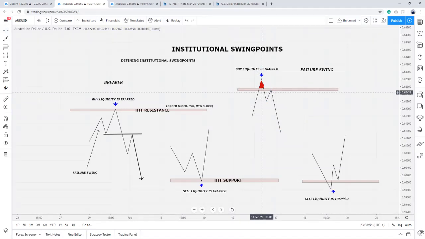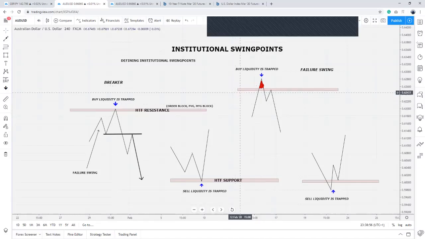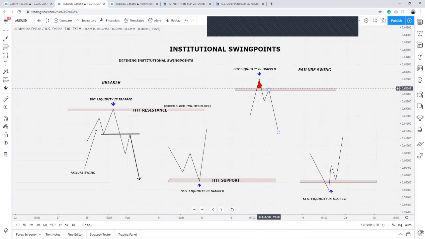So what is going to happen is that around this higher time frame resistance level there are going to be pending buy stop orders resting, from the institutions and also from the collective herd of retail-minded traders. That creates liquidity for the central banks to reprice the market to the downside.